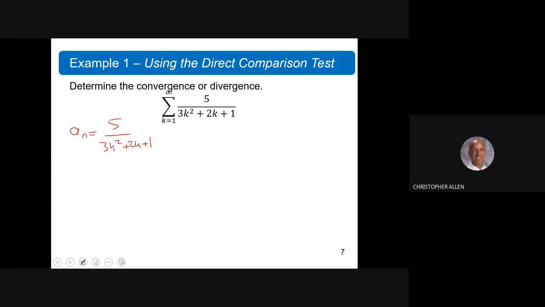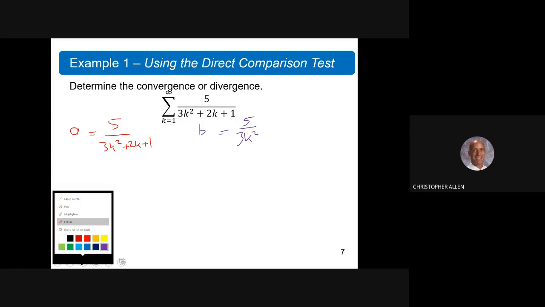I'm going to let that be my a sub n. I'm going to let my b sub n, and I'll do that in purple, be something similar to this. In this case, I'm going to do 5 over 3k squared. Actually, I'm sorry, I'm using incorrect notation here. Let me fix this. Technically, we're not doing n's here, I'm doing k, so this technically needs to be k. Sorry, I'm not trying to be confusing.